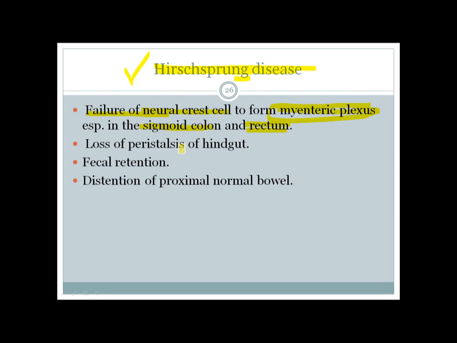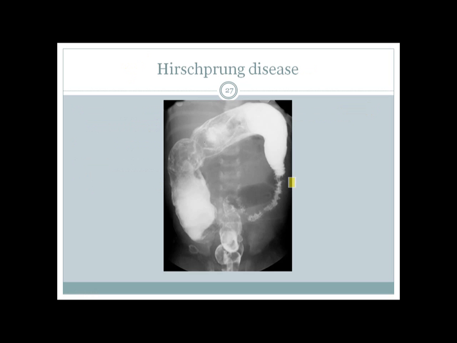Megacolon, why? Because as there is no myenteric plexus, there will be loss of peristalsis of the hindgut. So the hindgut will be unable to open up and pass the food material through it. So there will be retention of the feces, and this fecal retention will ultimately lead to distension of the proximal normal bowel. Here we can see a barium enema. This portion of the bowel, as you can see, is very narrowed.